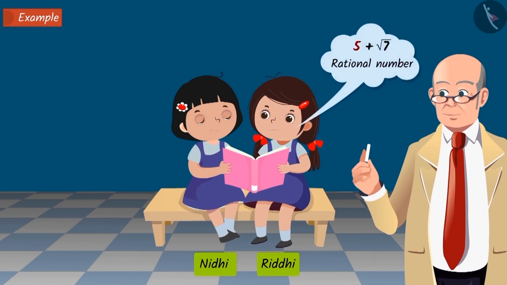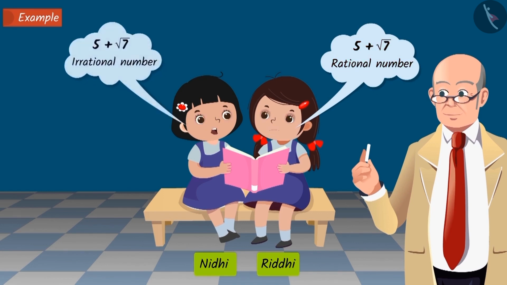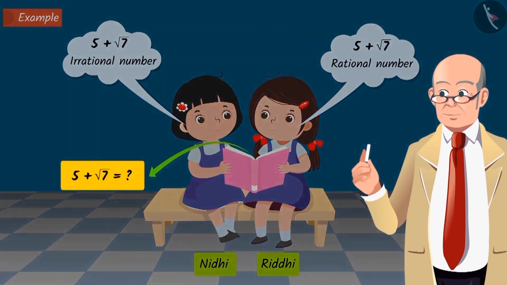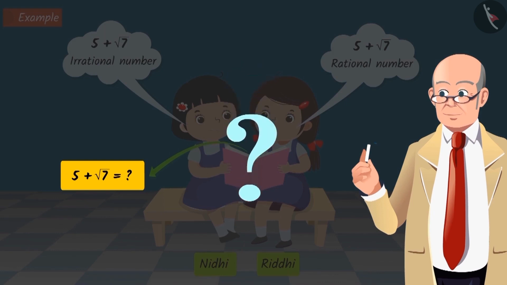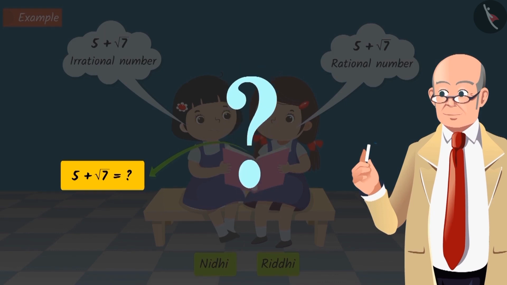Riddhi states that 5 plus square root of 7 is a rational number, while Nidhi says that it is an irrational number. The teacher asks them to explain why 5 plus square root of 7 should be a rational number or why it should be an irrational number.